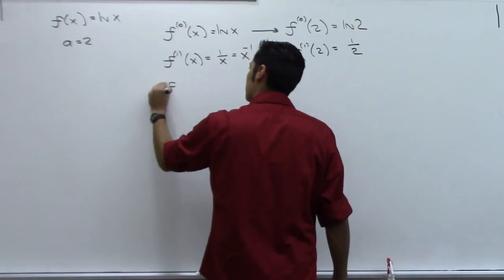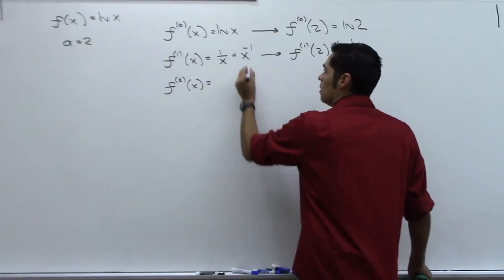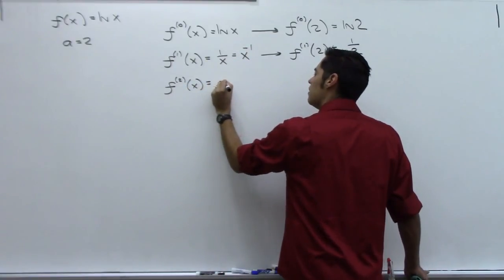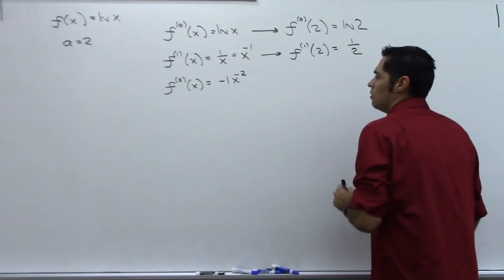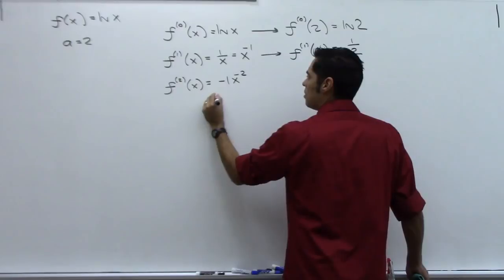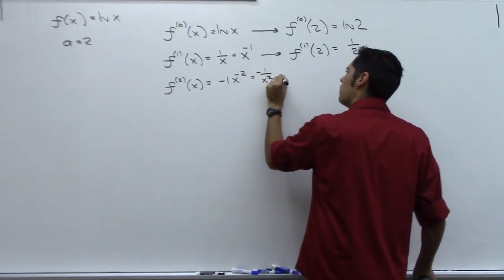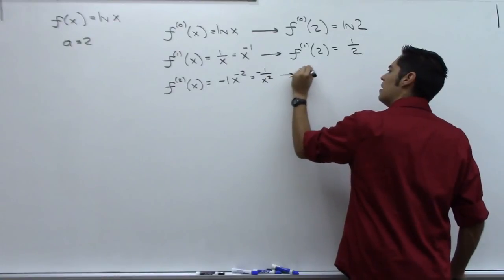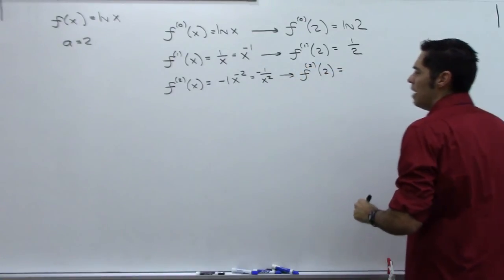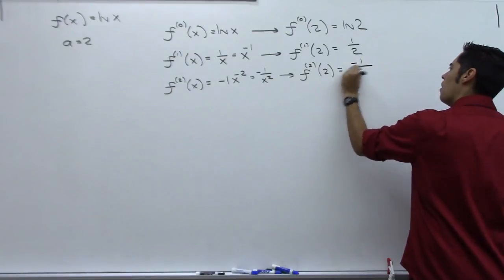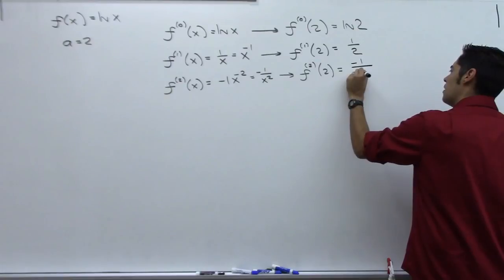The negative 1 comes out, so I get negative 1 x to the negative 2, which, remember, that's just negative 1 over x squared. So when I take the second derivative and I plug in 2, I have negative 1 over 2 squared. So I'm going to write that as 4.